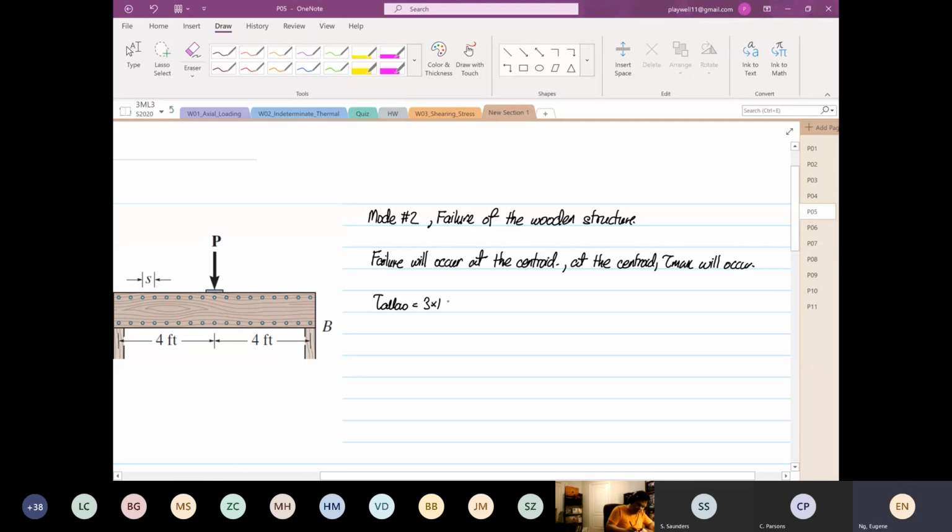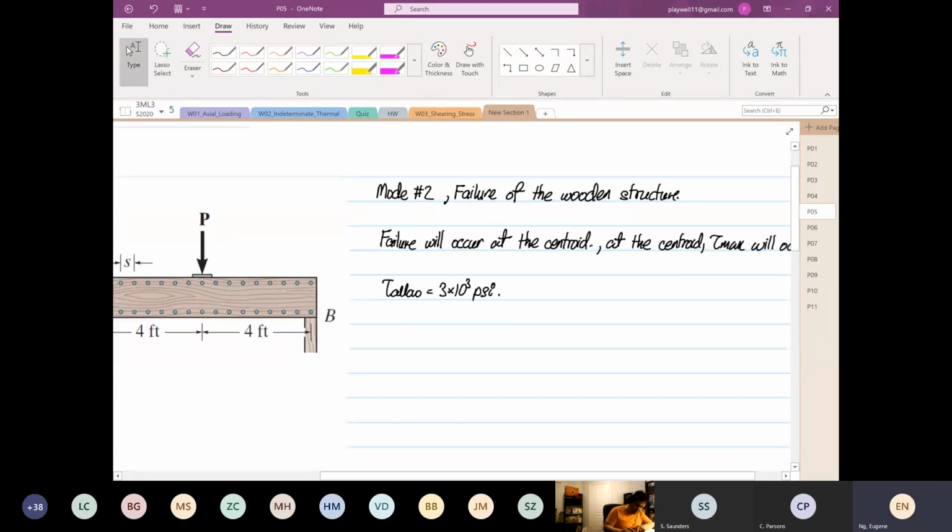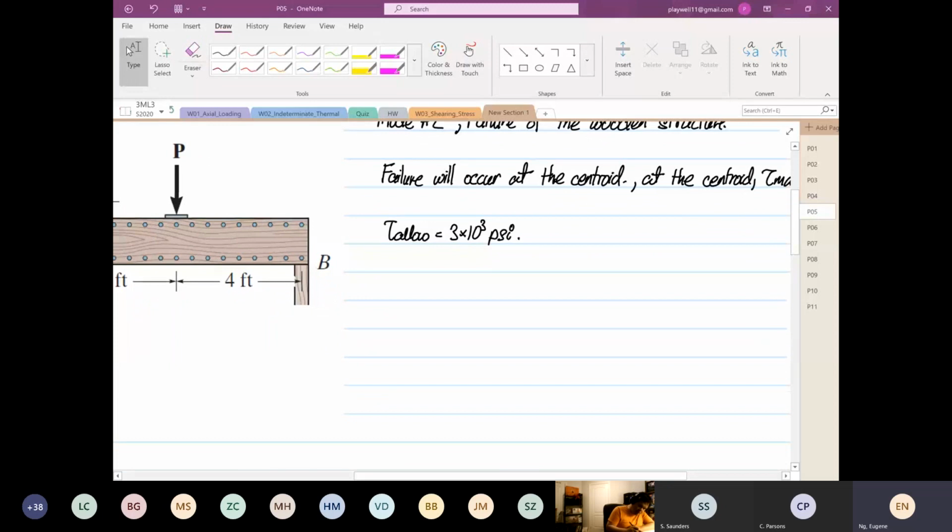So from here, to calculate the shear, the shear allowable is equal to V Vy over Izz, Qz divided by T. Okay.